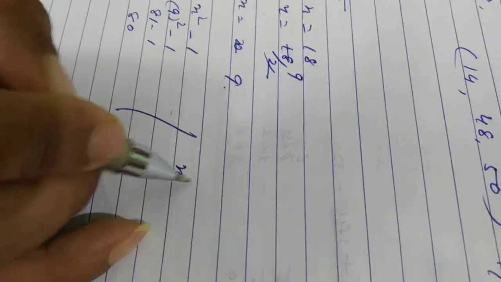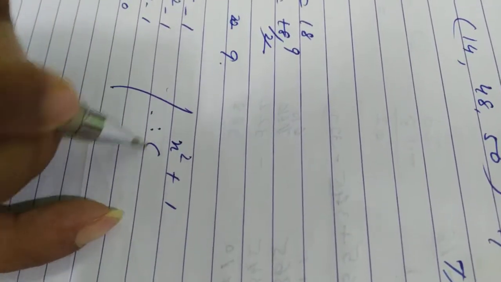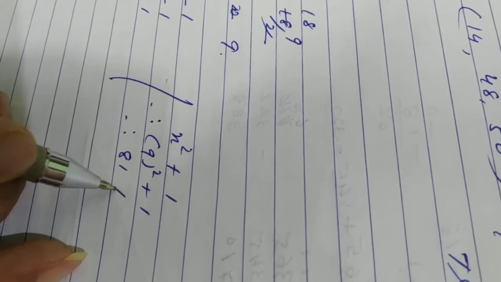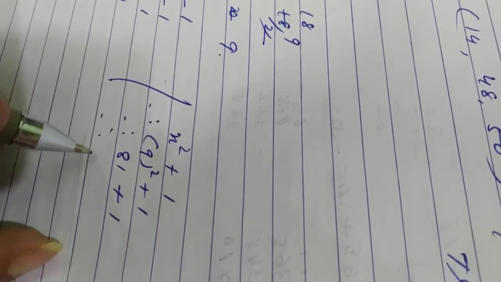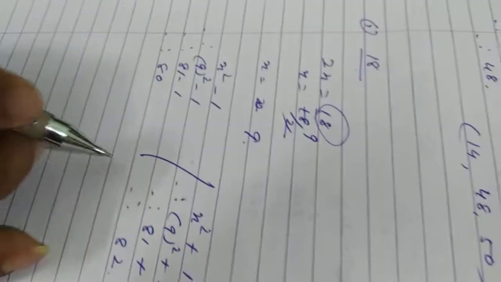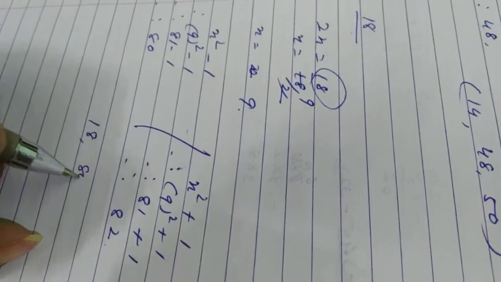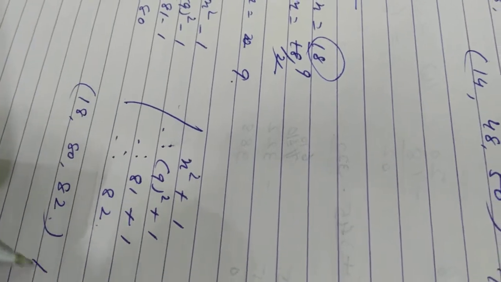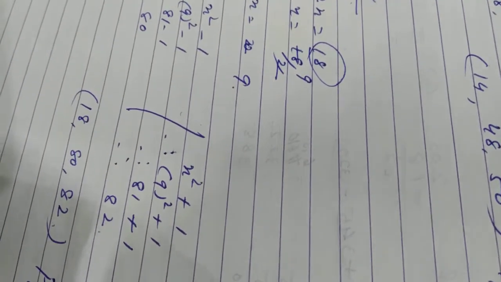As well as n square plus 1. So 9 square plus 1, nine 9s are 81 plus 1. Therefore 81 plus 1, 82. So what is the Pythagorean triplet over here? 18, 80 and 82, right? So all of you understood how to find the Pythagorean triplet over here? Sure? Good.